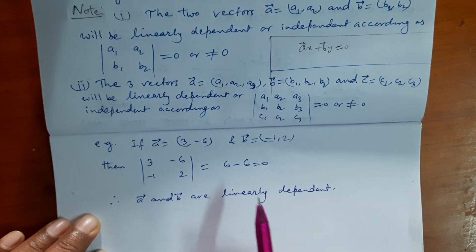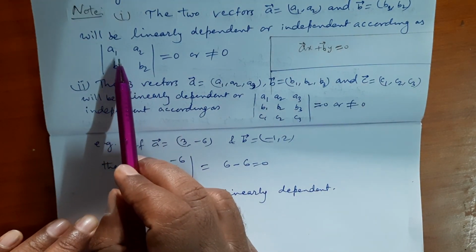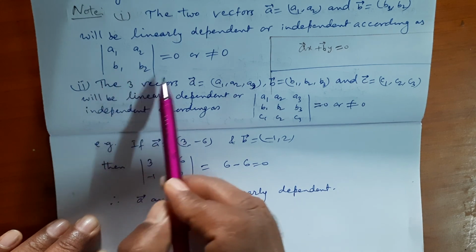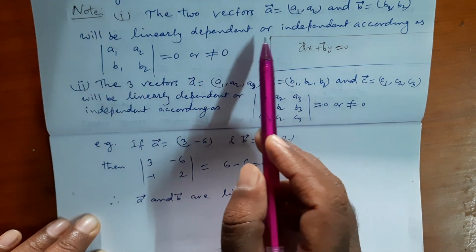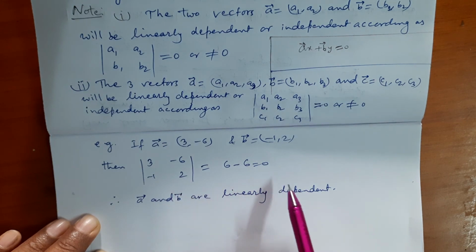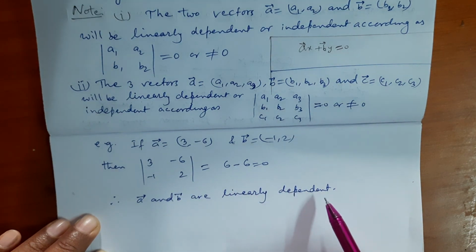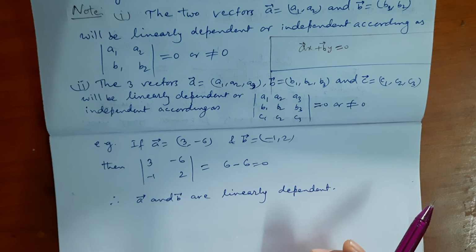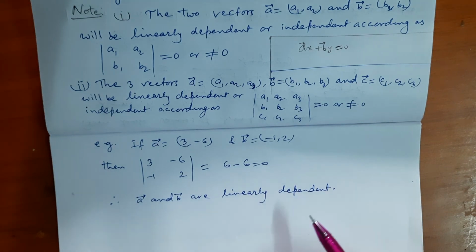Okay, so I have already written that if the determinant of a1, a2, b1, b2 equals to 0, then the vectors are linearly dependent. So here also I have found the determinant equals to 0, so the given vectors are linearly dependent. Okay, in this way we can easily show whether the given vectors are linearly dependent or independent.